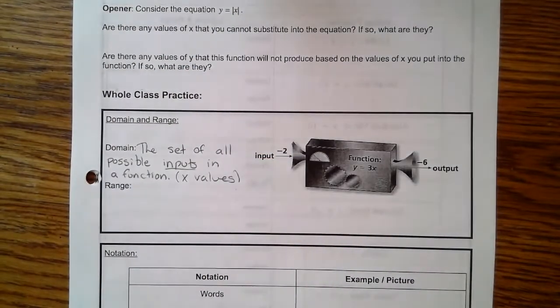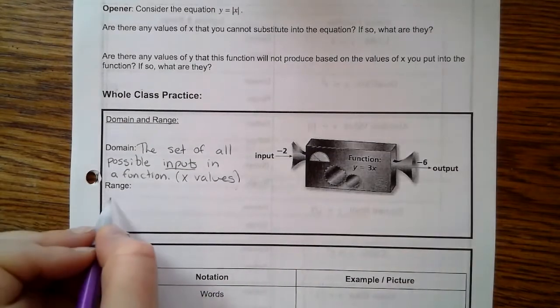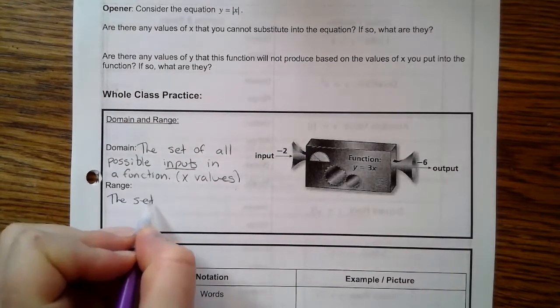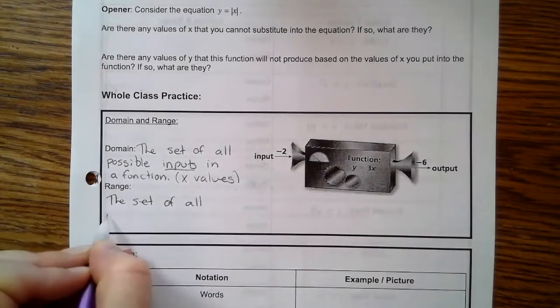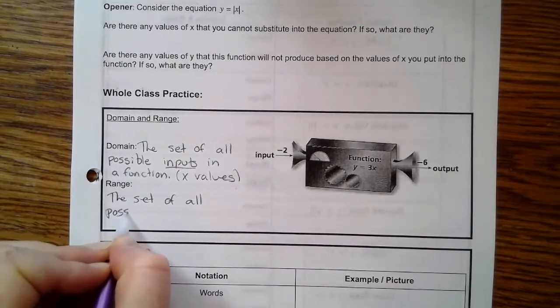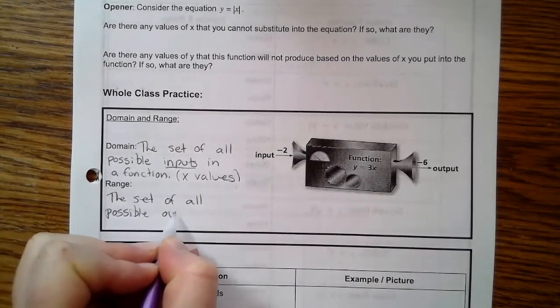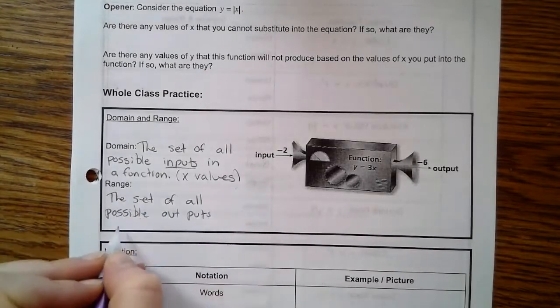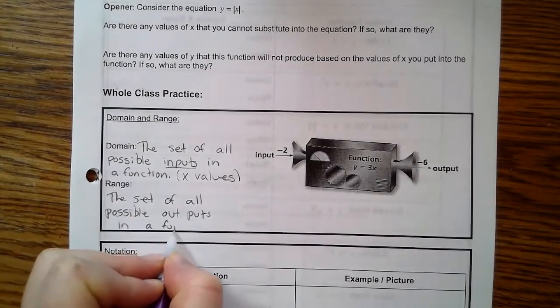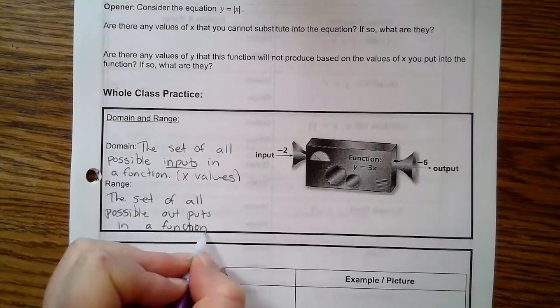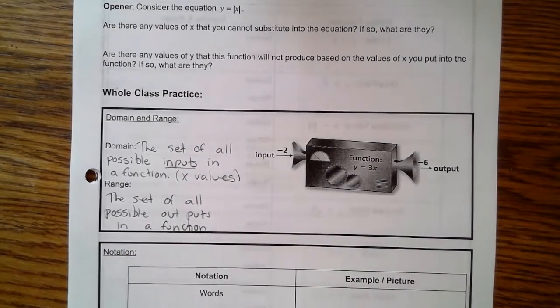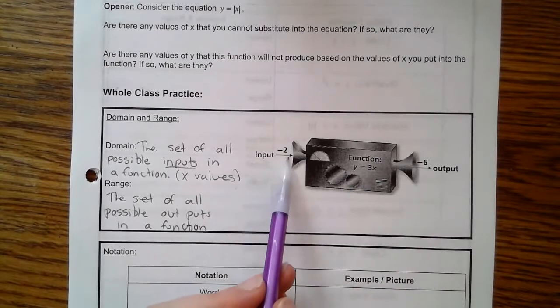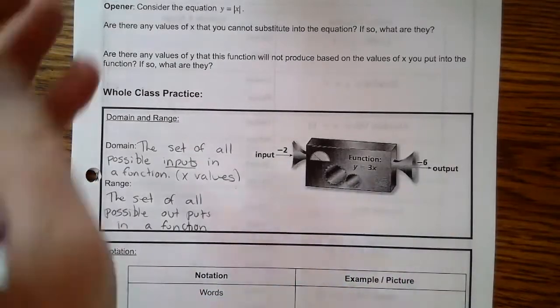The range is talking about the set of all outputs in a function. So inputs go in, outputs come out.